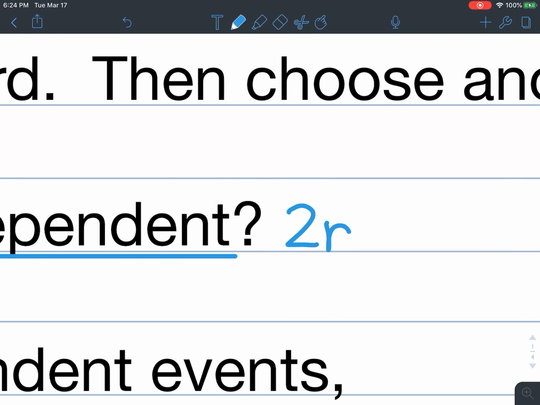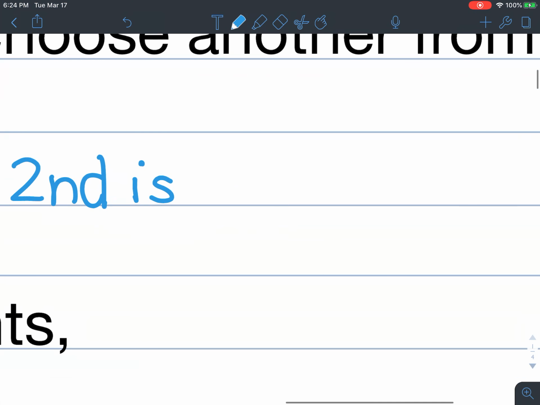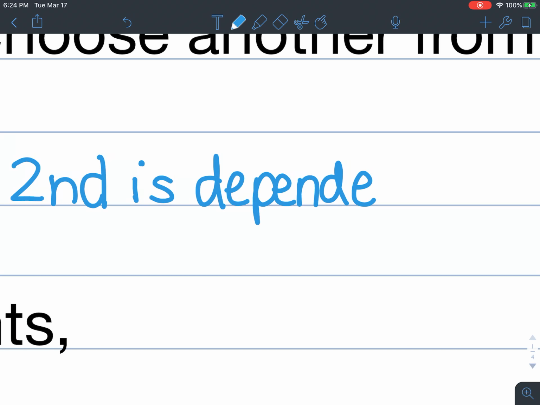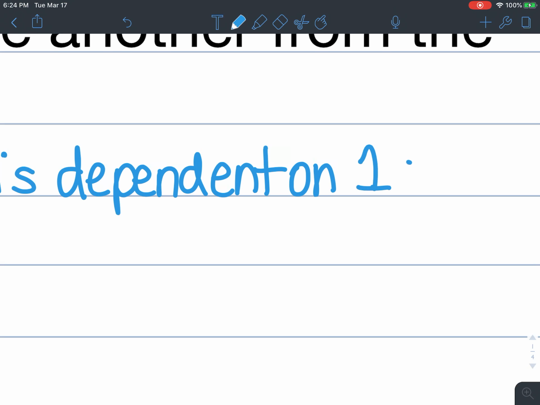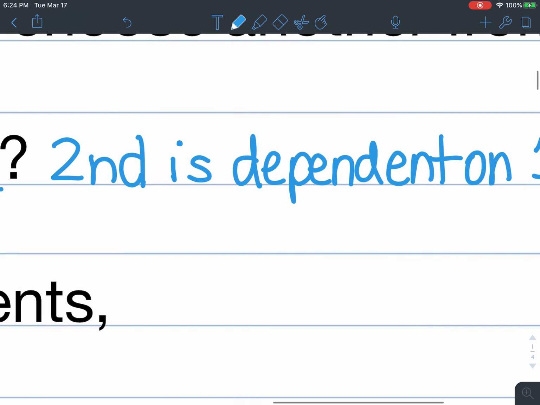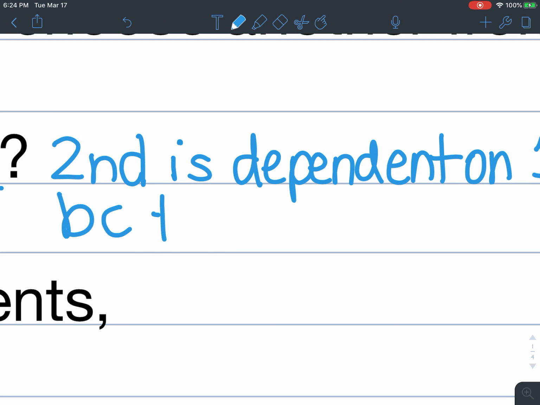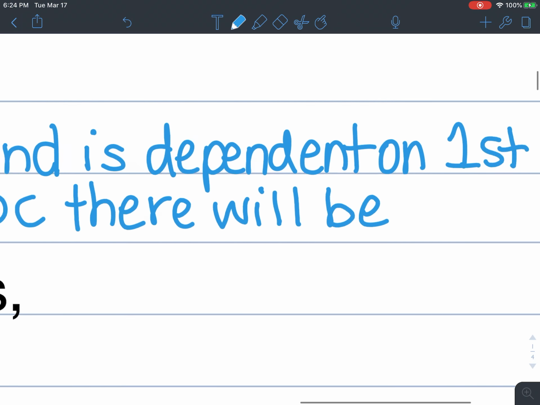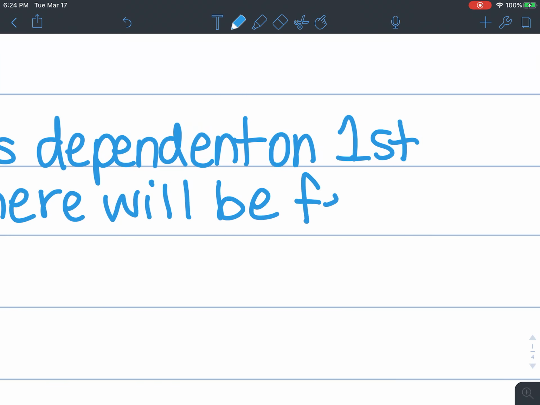So I would say that the second is dependent on the first because there will be fewer cards in the stack.